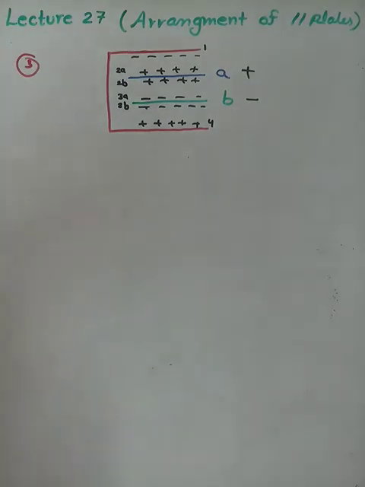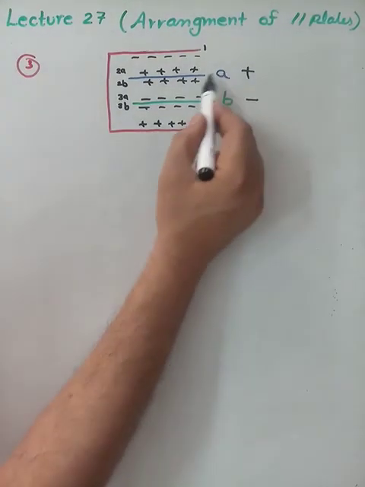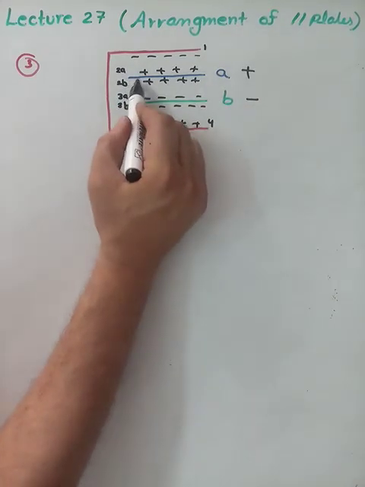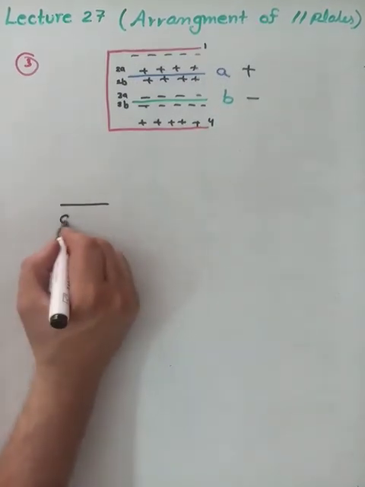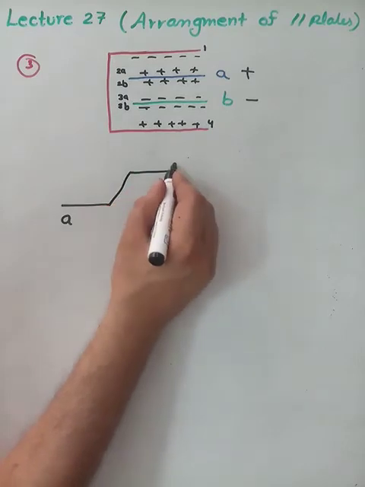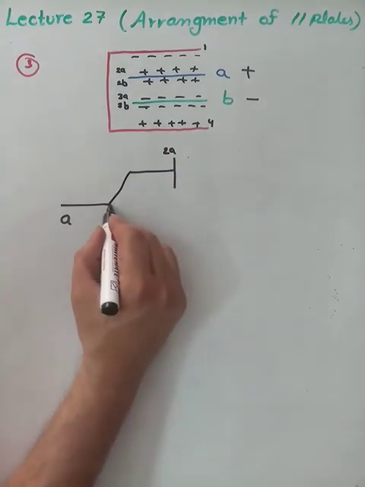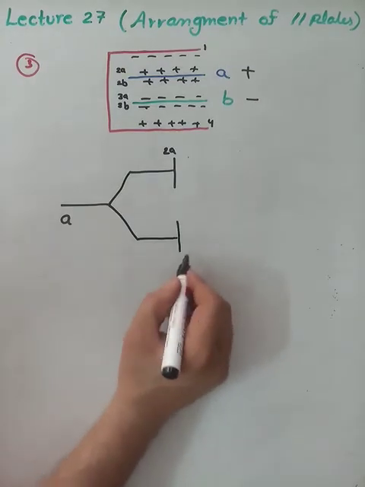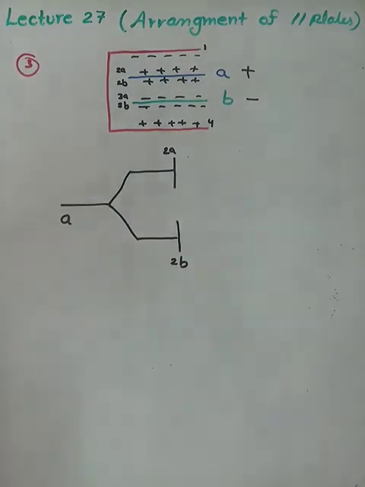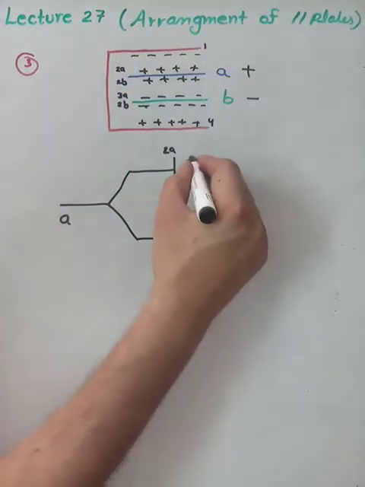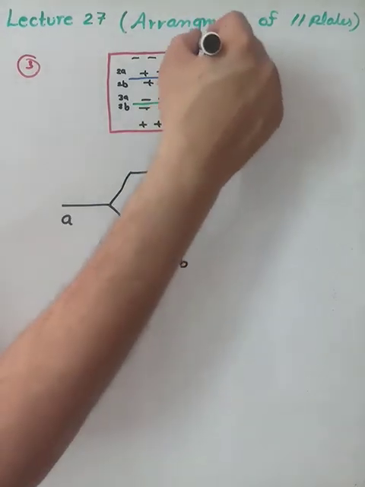Now with A we have two surfaces, 2A and 2B only. If we take this point as A, we have 2A and second we have 2B. In front of 2A we have plate number 1.